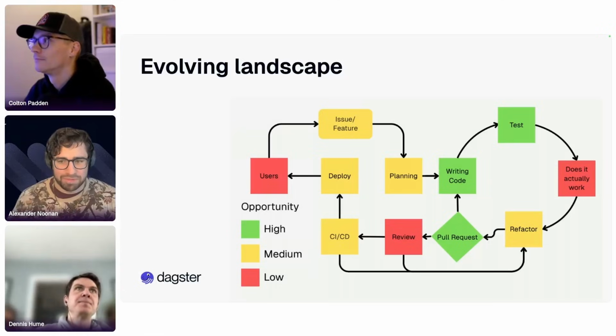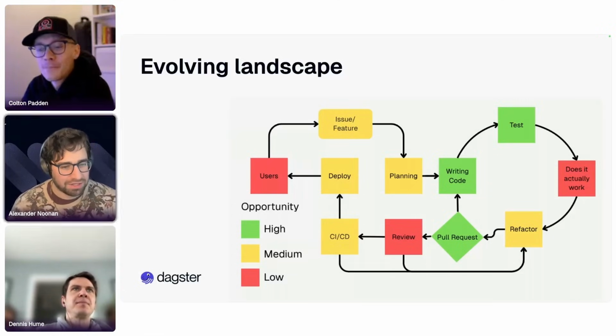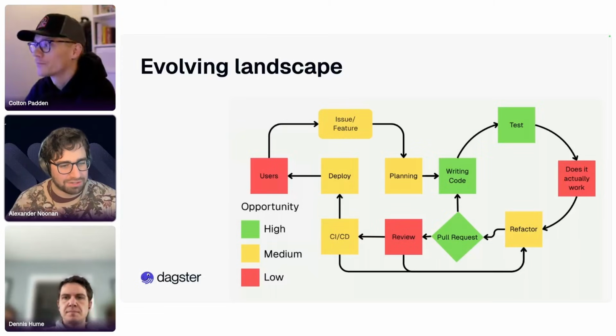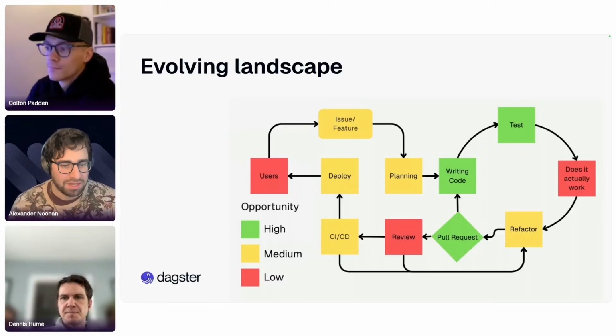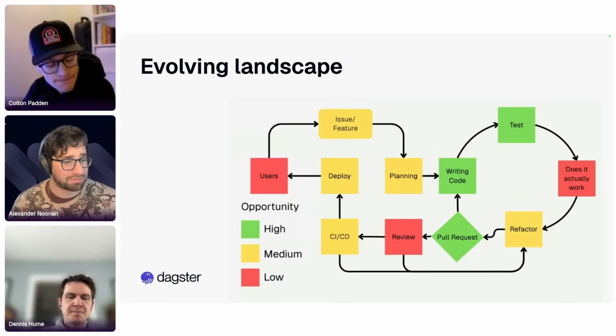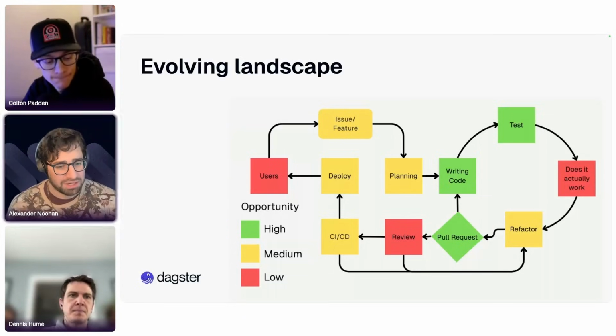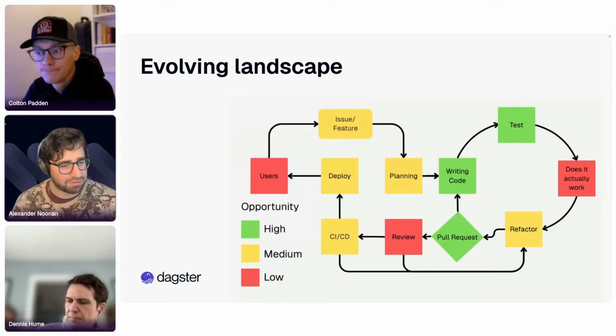And so the evolving landscape, and this is just my opinion. When it comes to AI, it has the greatest opportunity at certain points in the engineering process. I should qualify that these are areas that we've seen yield the best results when incorporating LLMs. Writing code, testing, and the pull request creation and merging process are all areas where AI enables you to move a lot faster.